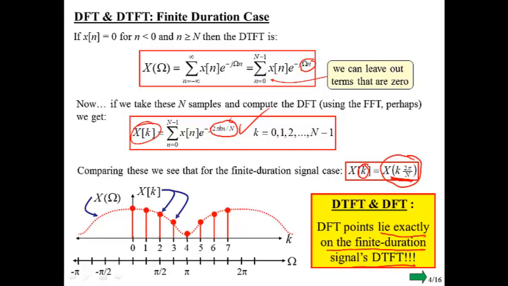So the dotted red line is the actual DTFT of this thing computed like this, and the big red dots are the things that we compute here. So for the finite duration case, where we've captured all of the signal data and nothing but the signal data, we get exactly this idea. We see the DTFT perfectly, and that's really the best that we could hope for.